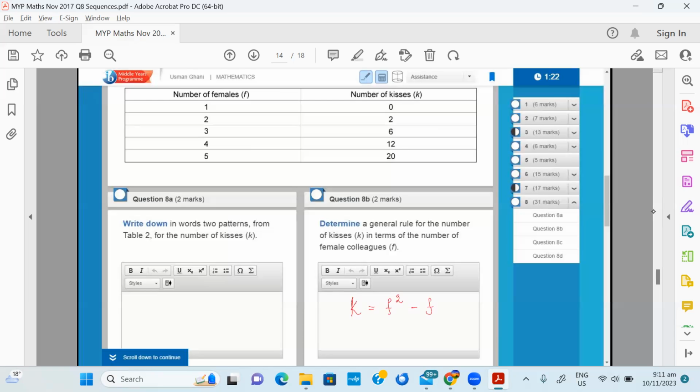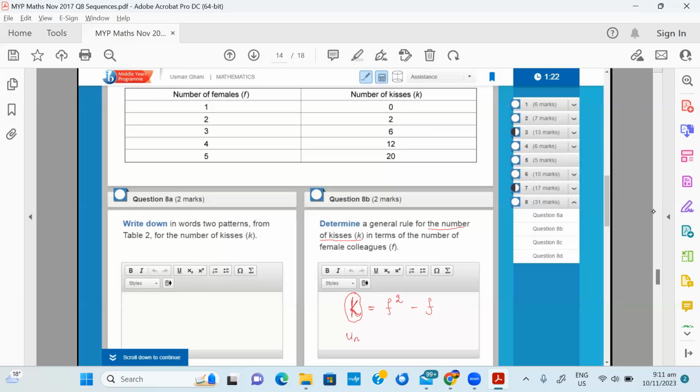For symbols, always remember, like always, it's not only for quadratic sequence, it's for all of the sequence. Find the general rule for the thing, okay, for k. Whatever thing is written after find the general rule for, it has to come here. What you are finding the rule for, that is what comes on the left.